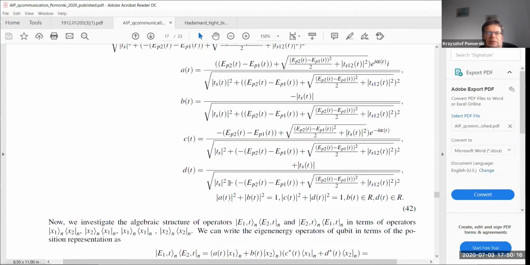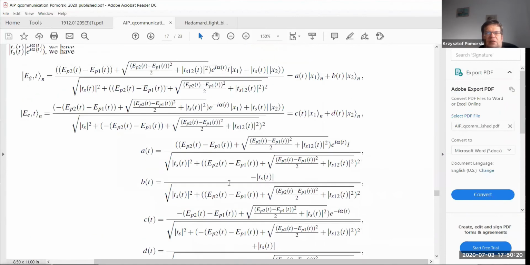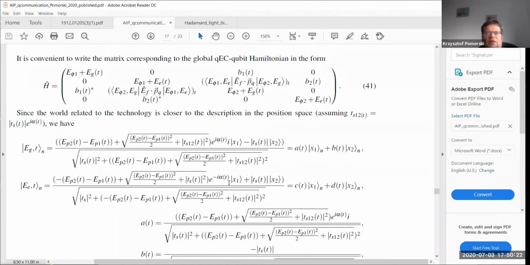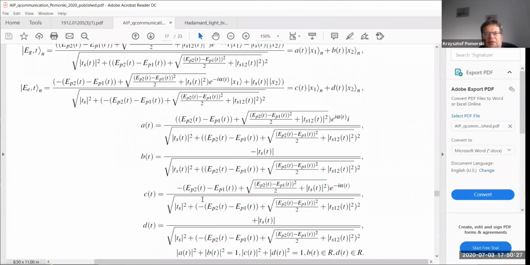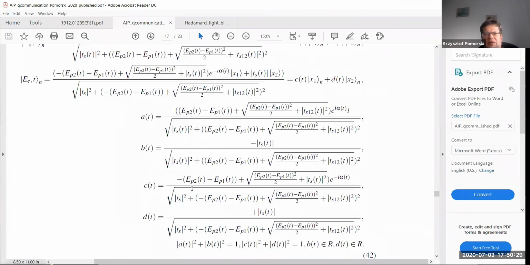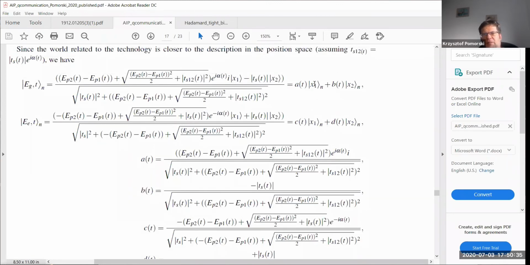And all right, so in this notation over here, A, B, C, and D are expressed in such lengthy formulas, since you can express the ground state by a linear combination of the qubit position on the left and right, and the same is true for the excited state, the position of the electron on the left and right side.